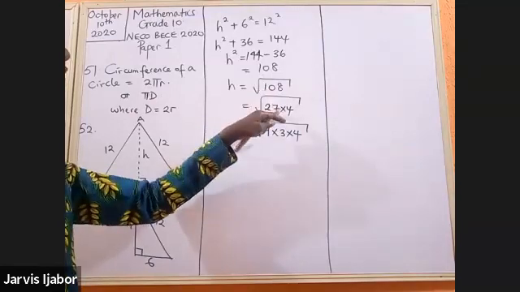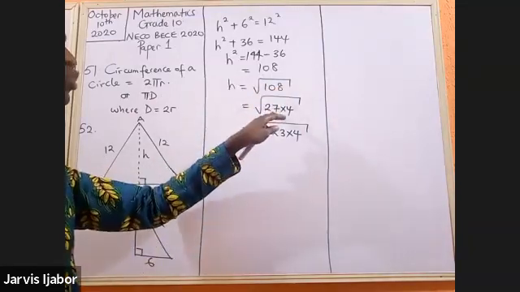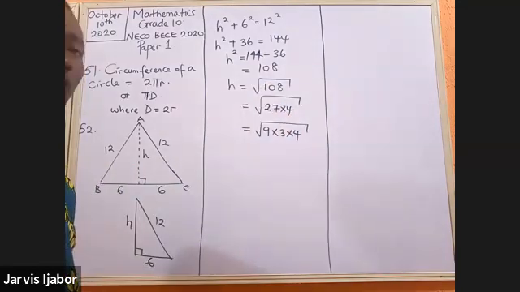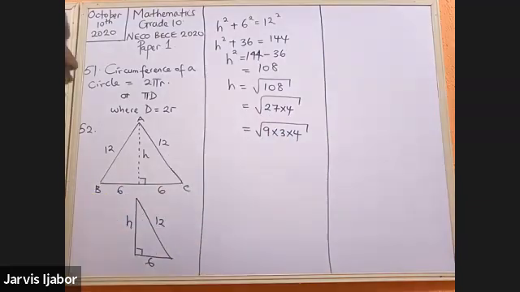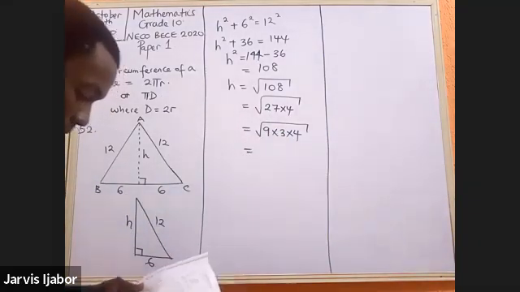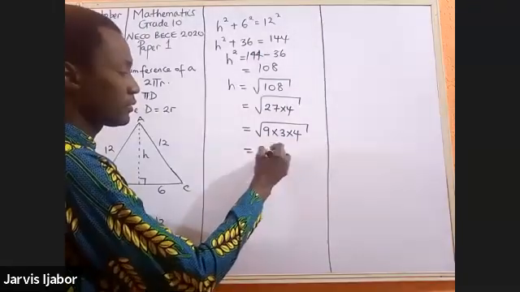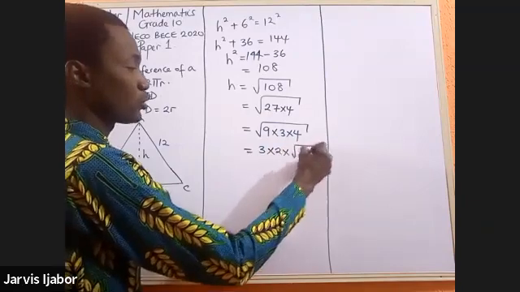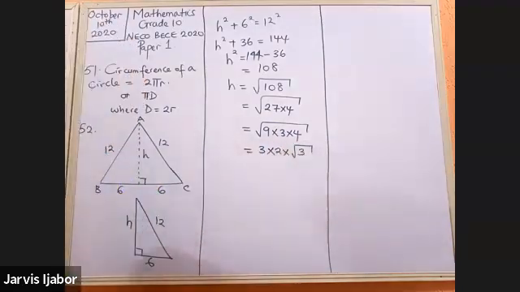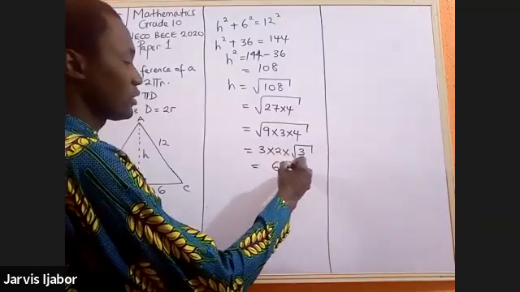Your knowledge of perfect square would prompt you to break this number. 108 can be broken to 27 times 4. 27 can be broken to 9 times 3. If you look at this closely, the square root of 9 is 3. The square root of 4 is 2. And times this one, which we don't know the square root, because 3 is not a perfect square. So when you multiply, this will give you 6 root 3.